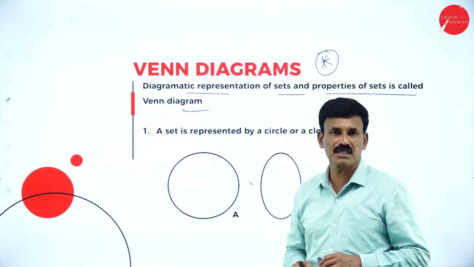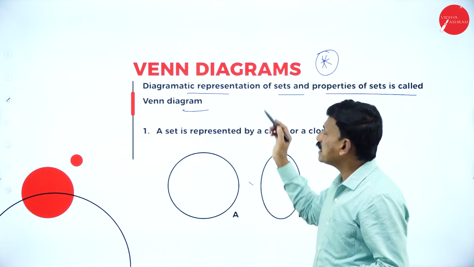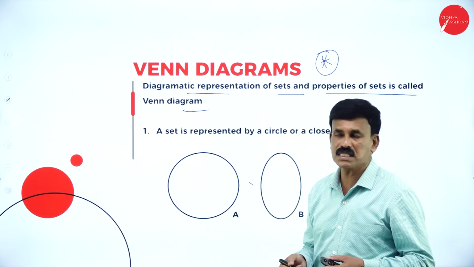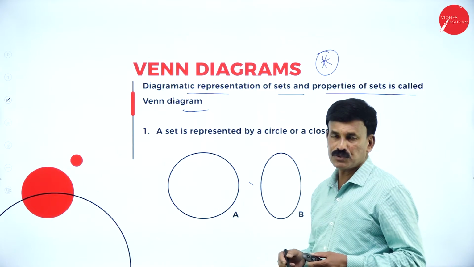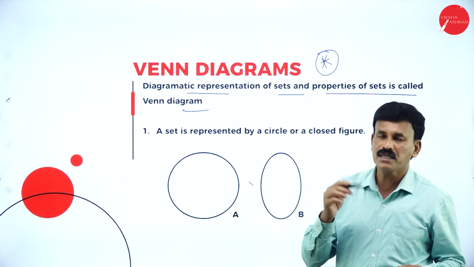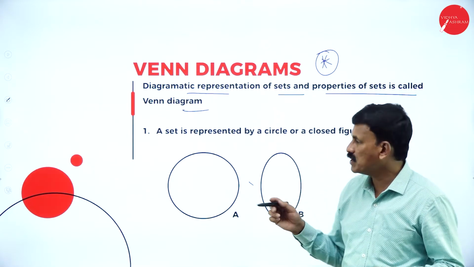The pictorial or diagrammatic representation of the properties of a set or the elements of a set is called the Venn diagram. So usually in a Venn diagram we are going to consider a rectangle and a circle or an oval shaped figure.